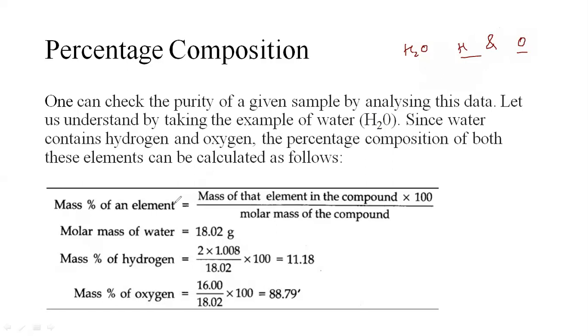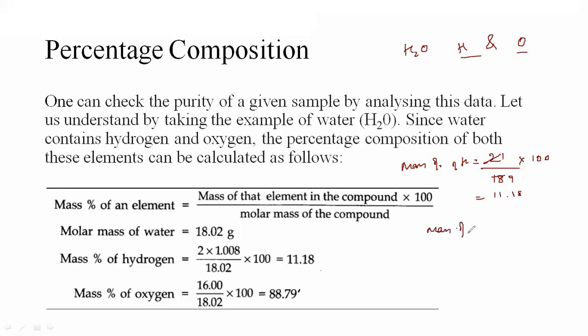Mass percent of hydrogen is the mass of that element in the compound divided by molar mass, into 100. So the mass of hydrogen, H2, is 2, divided by the molar mass of water, 18, into 100. 100 by 9 comes out to be 11.1. So this is the mass percent of hydrogen.